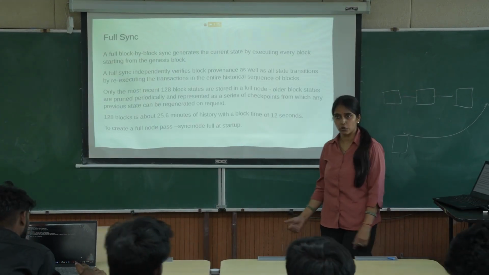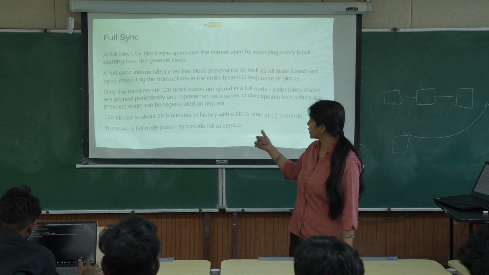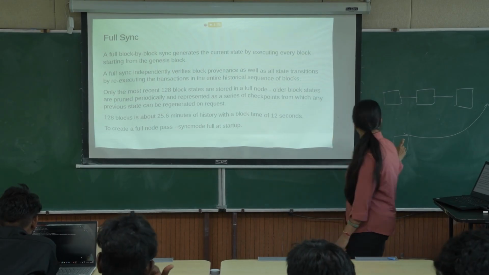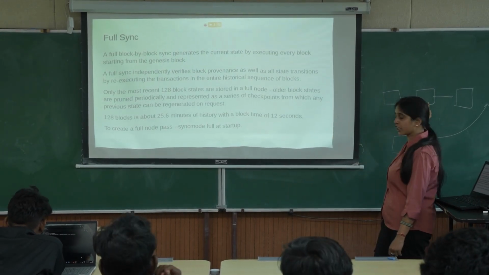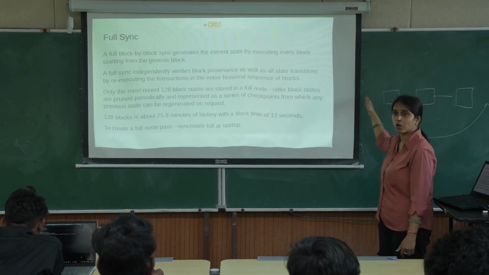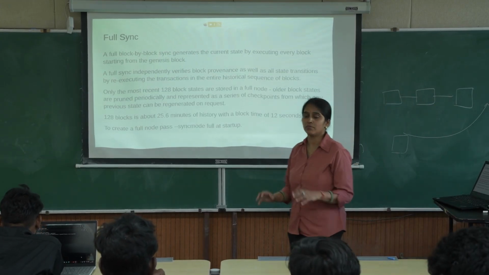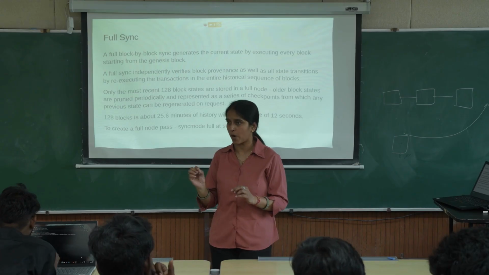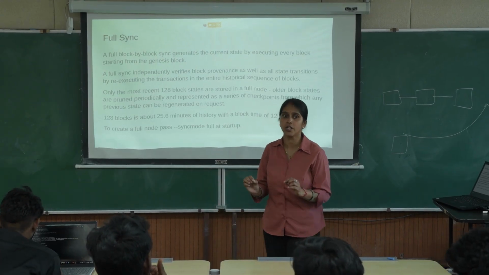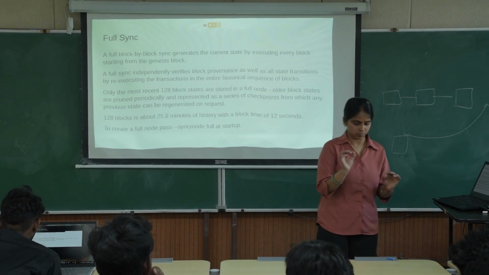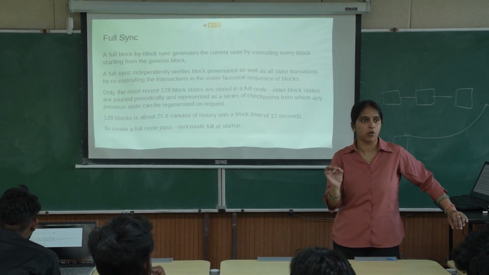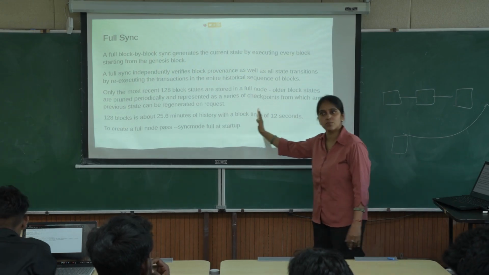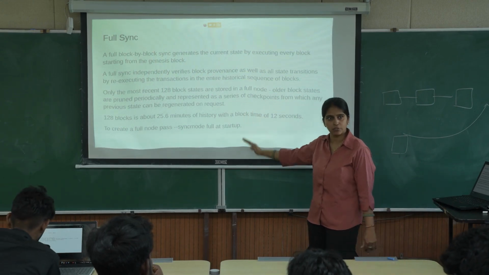Next is the full synchronization. Full synchronization is block by block synchronization. Whenever your node gets connected to the blockchain, you will get information about the blocks, but not the whole blocks, meaning you will get some checkpoints. In full synchronization, it will not connect to every node, but it will create only some checkpoints, like on the 18th block, okay, the 18th block gives this information.